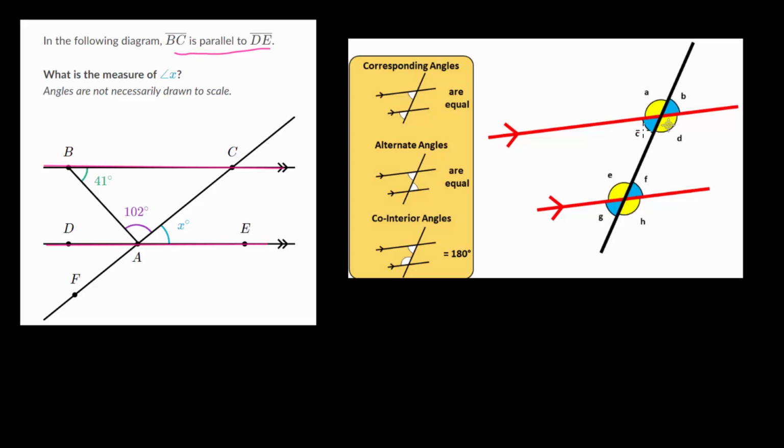So we know vertical angles are equal, so B and C, A and D. But when we're comparing to the parallel line and the angles around that, notice that these angles are equal to each other. These are called corresponding angles. Also, since the corresponding angles are equal and vertical angles are equal, these 2 angles here are equal to each other. And these are called alternate angles or alternate interior angles since they're on the inside.